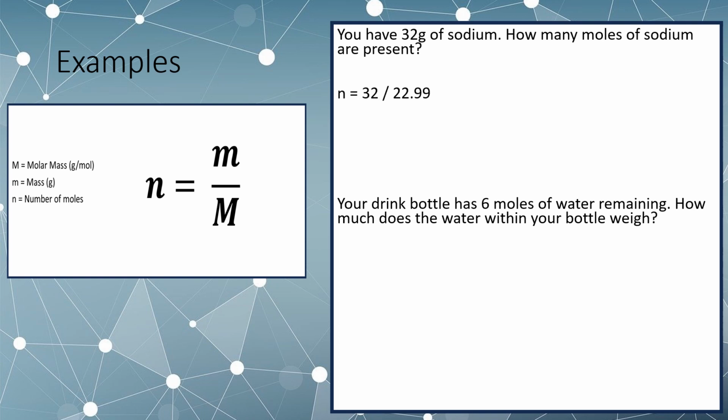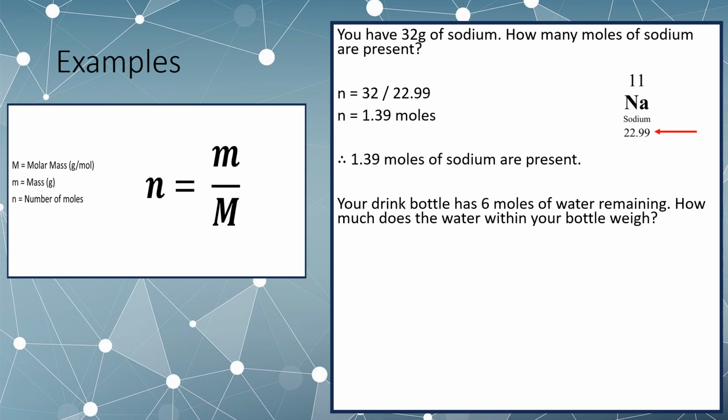Remembering, we can get our molar masses of specific elements off the periodic table. This is equal to 1.39 moles. Therefore, 1.39 moles of sodium are present. It's always good in these kinds of questions, and any science question really, to justify your answer after you've done your calculations, as is done in this example.